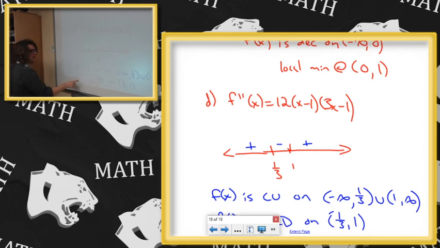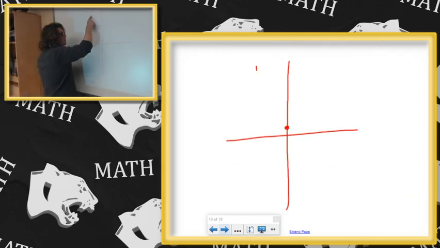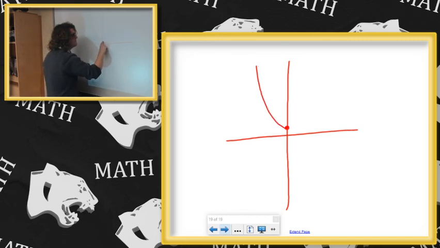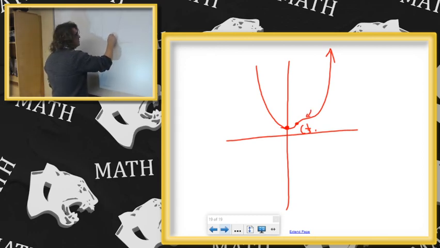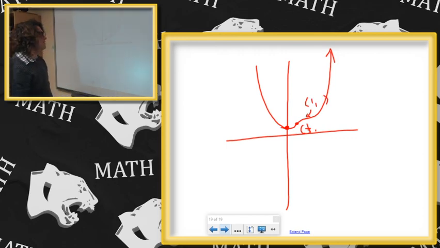Concave up, so happy face, and then we switch to a sad face, and then we switch to a happy face. And so this switch happens, there's an inflection point at 1/3, comma, and then we can put the y value back in if we want it. And then here, there's another inflection point at 1, comma, and we could figure out what that y value was. We'd have to put those into the original function, we'd figure out what they were, and then we'd be able to graph it so that it looks appropriate.